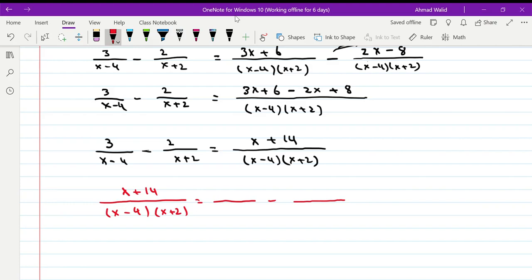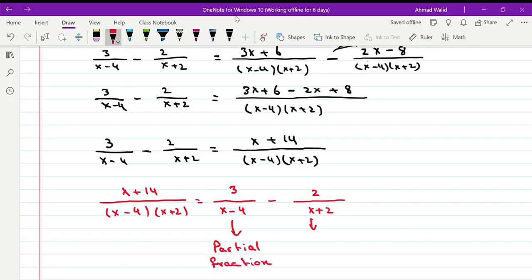We call this process decomposition. Of course, in this example, I know it's 3 over x minus 4 here, and here you have 2 over x plus 2. We call these two partial fractions.